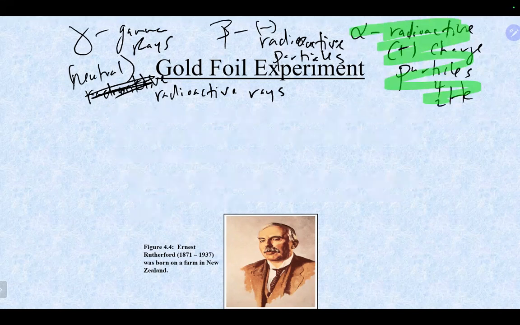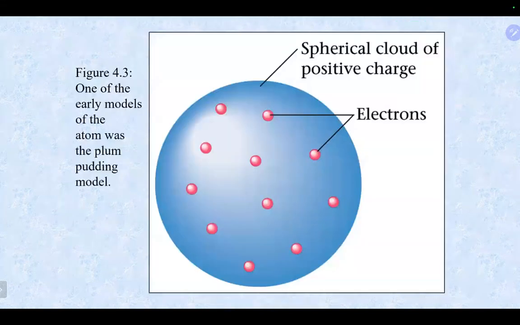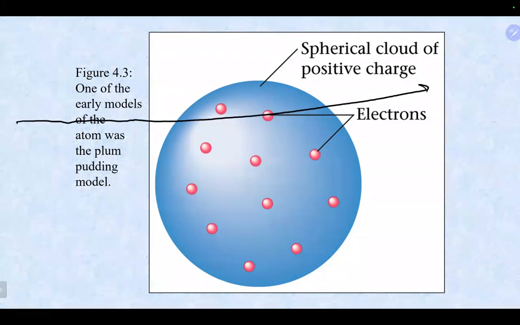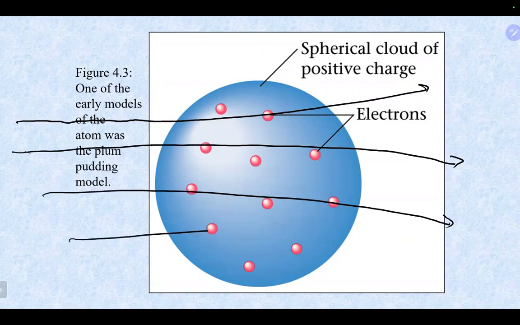If we go back to the plum pudding model, what he thought would happen was that as he shot these positively charged particles through this sea of positive charge, because they're moving really fast, they would be expected to pop through, but there would be some deflection because it's positive and positive. But because they're moving fast, they would be able to punch through.